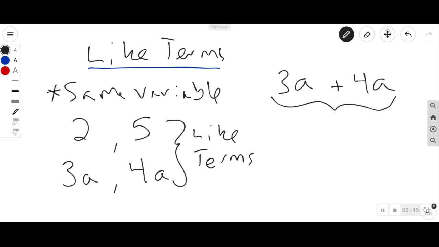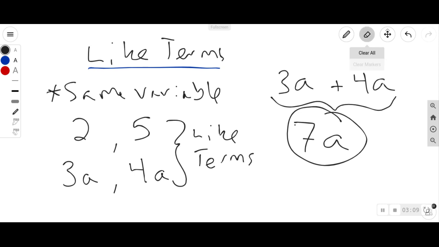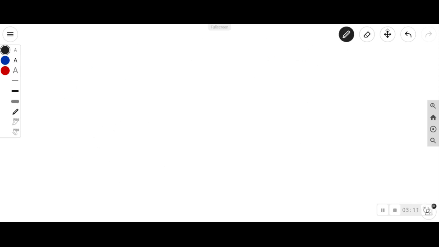I ignore the variable and all I do is the operation on the coefficients. 3 plus 4, which will give us 7a. So that is our answer. We ignore the variable, we just attach it in the end, and that's what we're going to use to solve our equations. So let's look at our first equation.